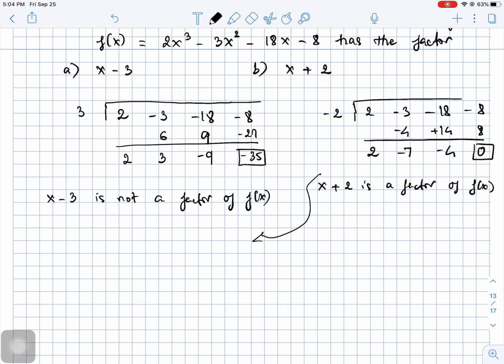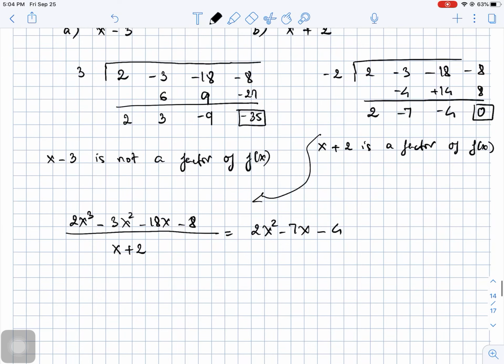What is the reason why we can conclude that? If you write the answer in this form, now we have 2x cubed minus 3x squared minus 18x minus 8 divided by x plus 2. And the quotient is 2x squared minus 7x minus 4 when we don't have the remainder.